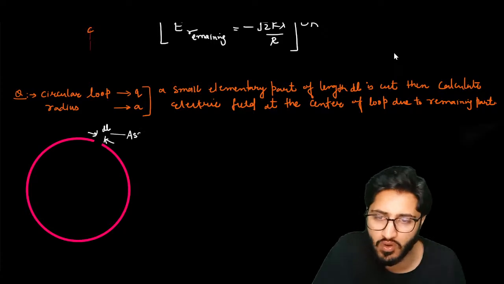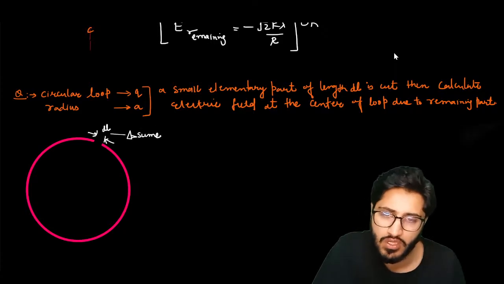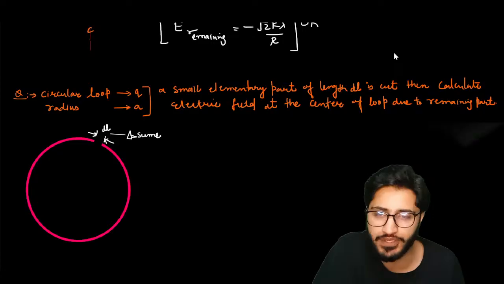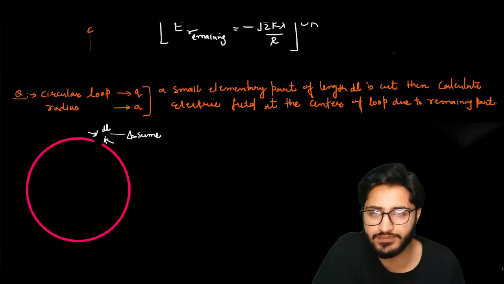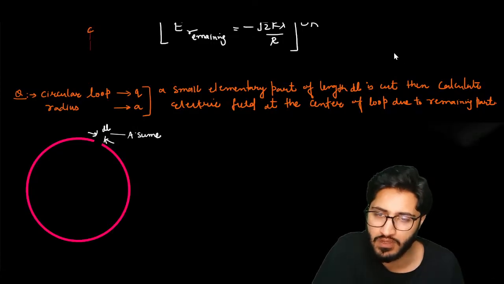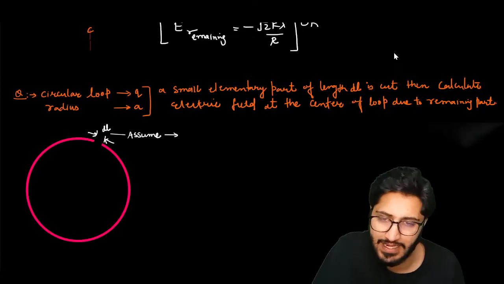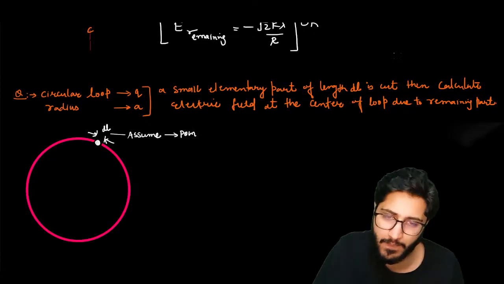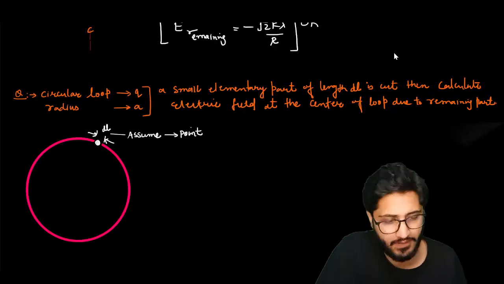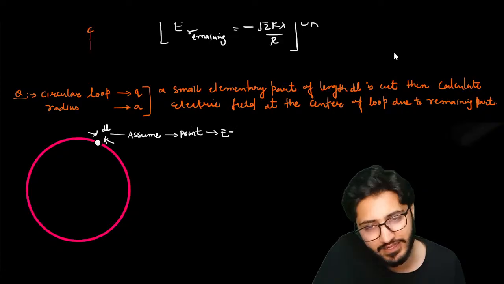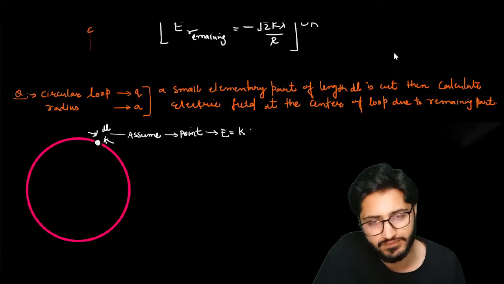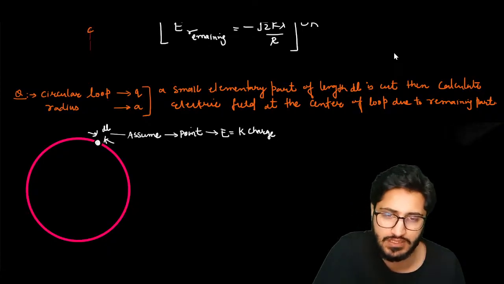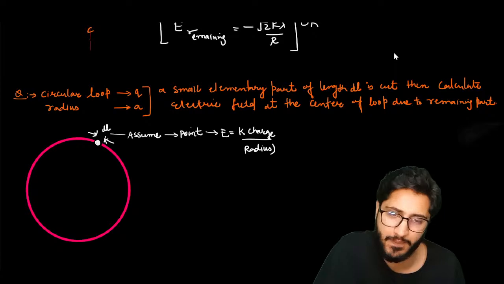Sir, it is very small, so I will assume dl as a point here. And due to this point, what is the electric field? It would be K charge, let's suppose if charge is Q, KQ divided by radius square.